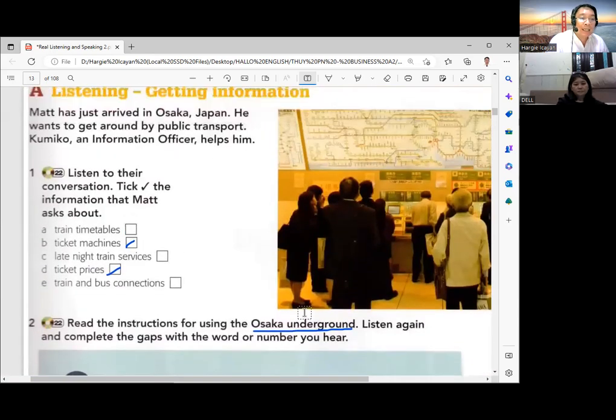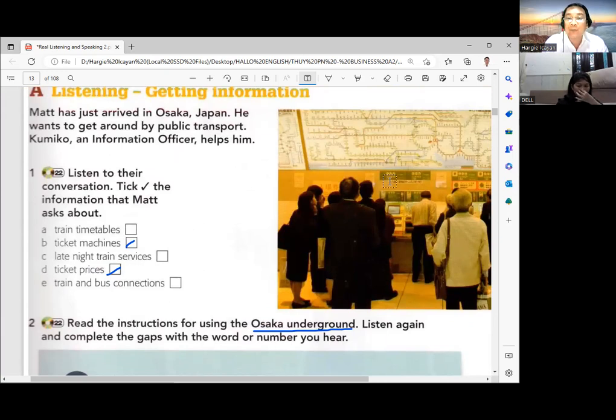It's also important, maybe, to look at train timetables, which can be seen here, right? It doesn't need for you to ask that one because you can also see what time the train is coming.